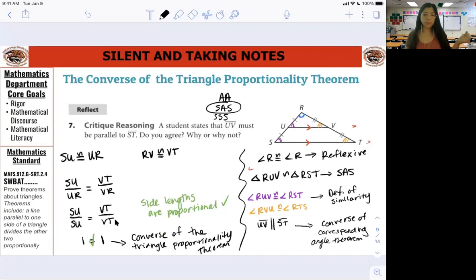That's what we just talked about. But on the other hand, we could have done it a different way using prior knowledge. Both ways we can figure out that yes, these two are going to be parallel to each other.